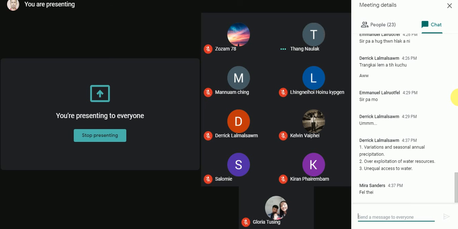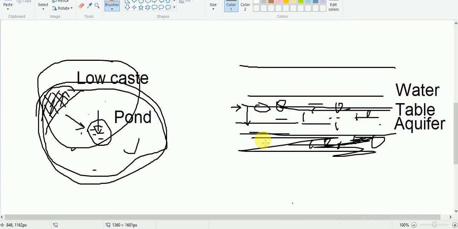Reading map, that last time we did it. Okay, actually on that day we discussed how to answer the map work, right? Okay, let us see.